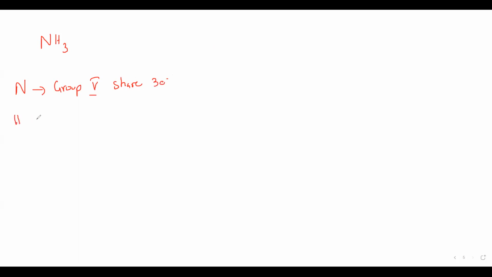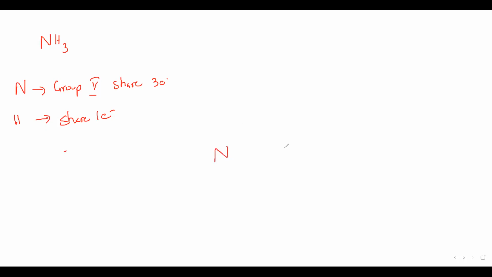Hydrogen, like, no specific group is mentioned for hydrogen, but we remember that it is a non-metal. It is having only 1 electron and it shares only that electron. So which element should be in the center, nitrogen or hydrogen? So nitrogen should be in the center.